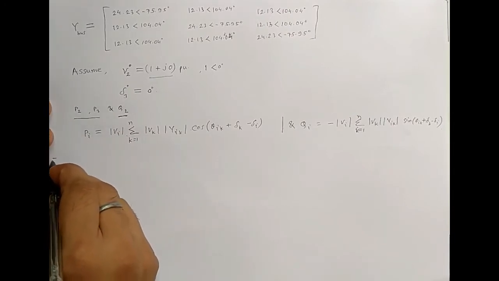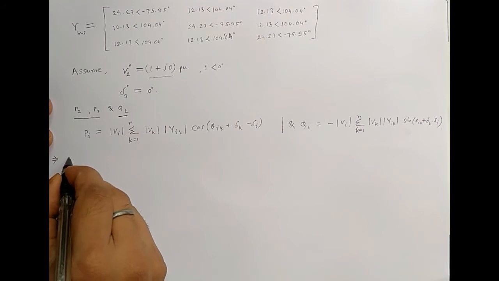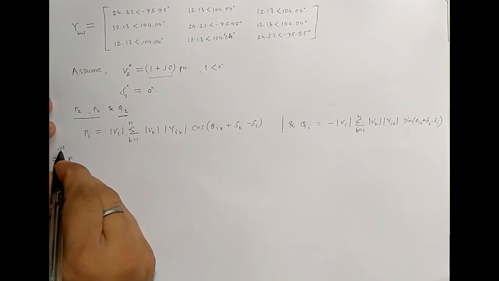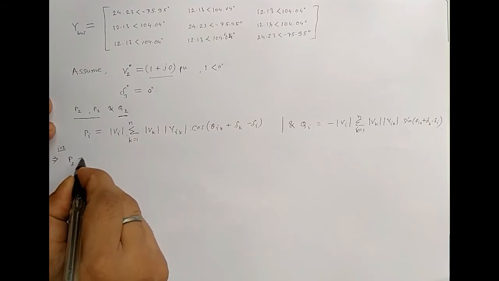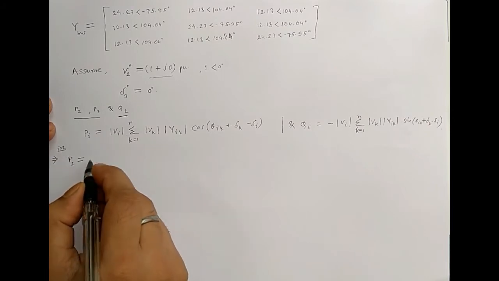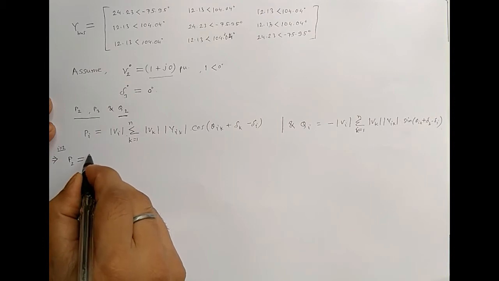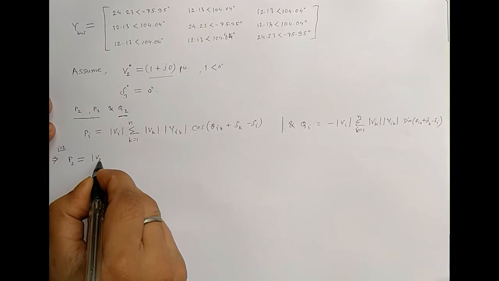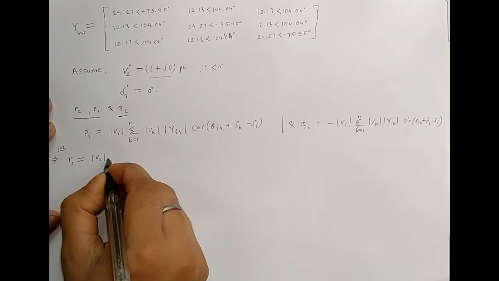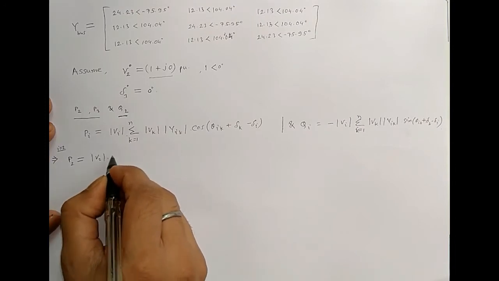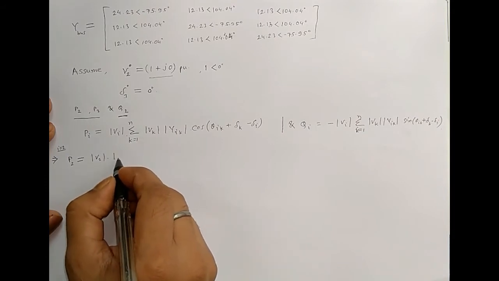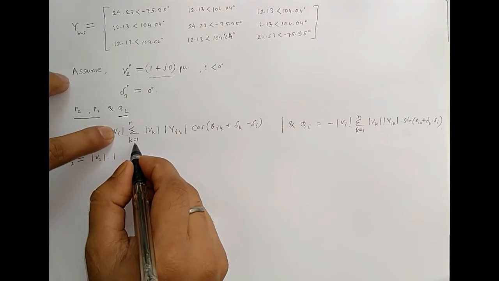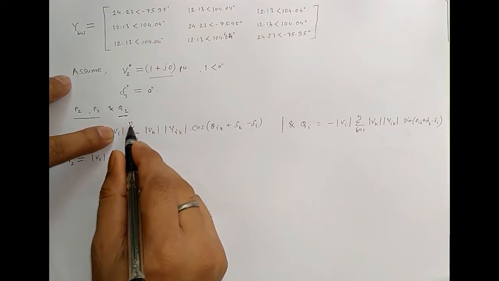If I is 2, then P2 will be mod of V2 into the summation, also from k equals 1 to 3.